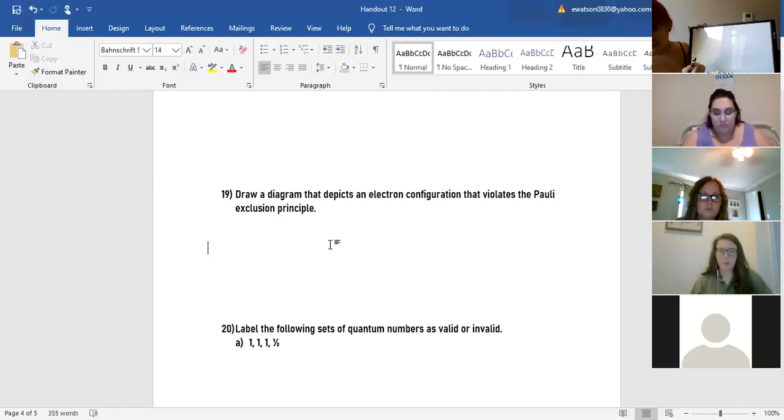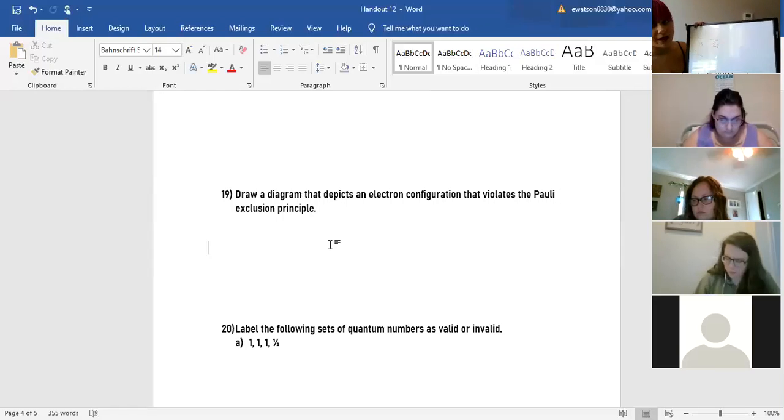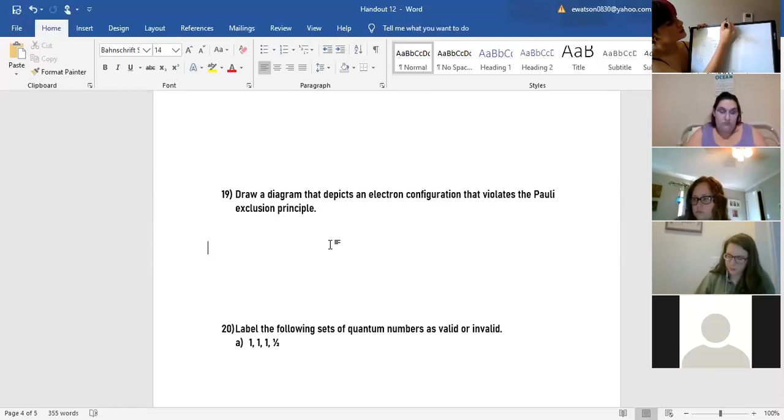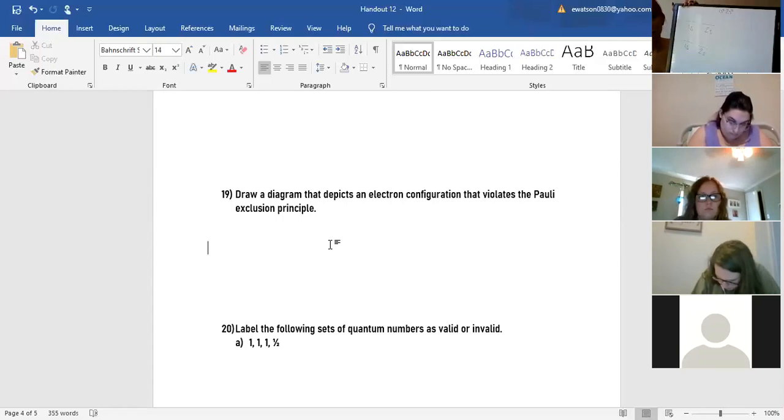So I'm going to give us 1s and 2s. I'm going to show you the right way and then the wrong way. So let's say we have 1s2, 2s2. That's our electron configuration for whichever element that is.